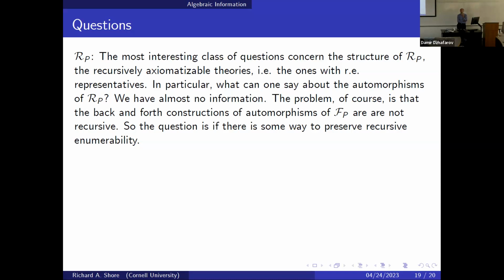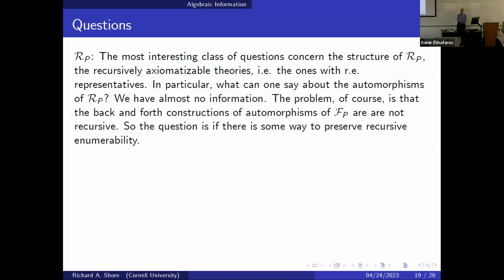Well, the back and forth argument asks questions that are not effective about which things are provable from which others and which aren't. And that's not an effective procedure. So it's hard to see how you're going to build automorphisms and make them be an automorphism of the axiomatizable theories.